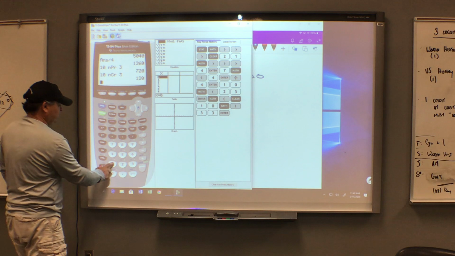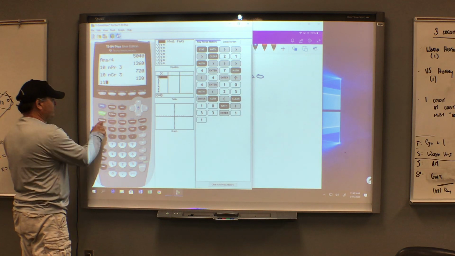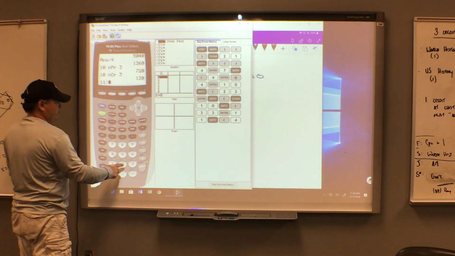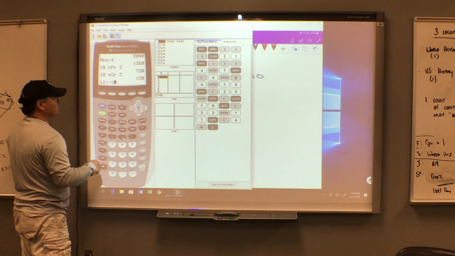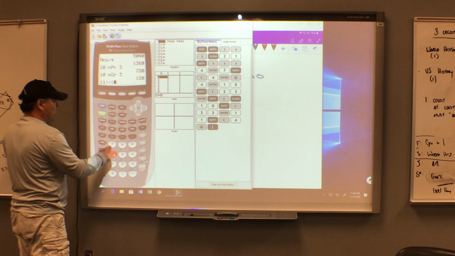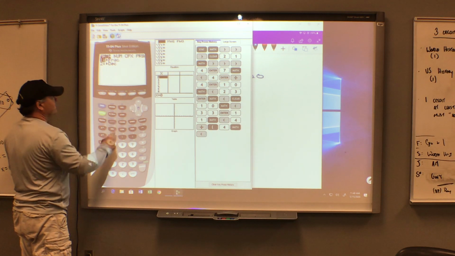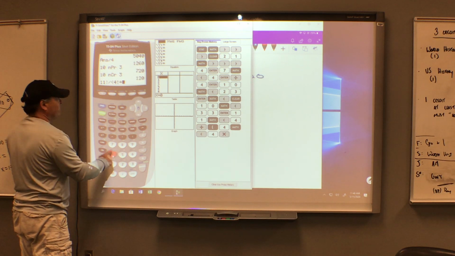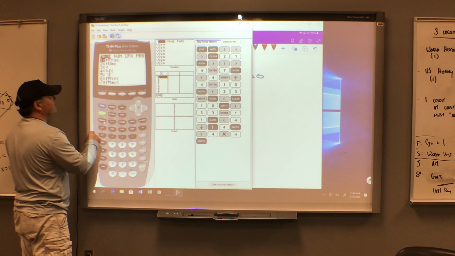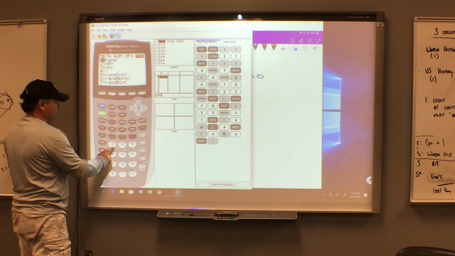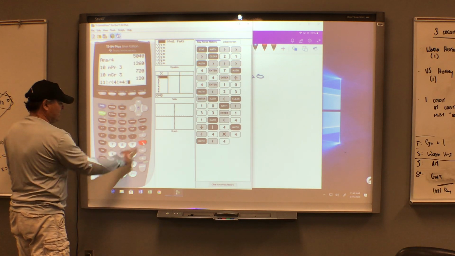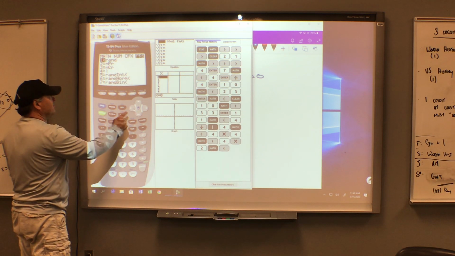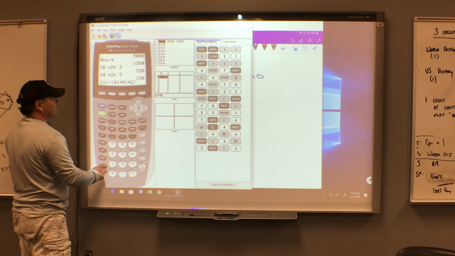So let's go to the calculator. So let's go with 11, math, probability, factorial, divided by, let's go quantity, 4 math, probability option 4 for factorial, times 4 math, probability option 4 for factorial, times 2 math, probability option 4 for factorial.